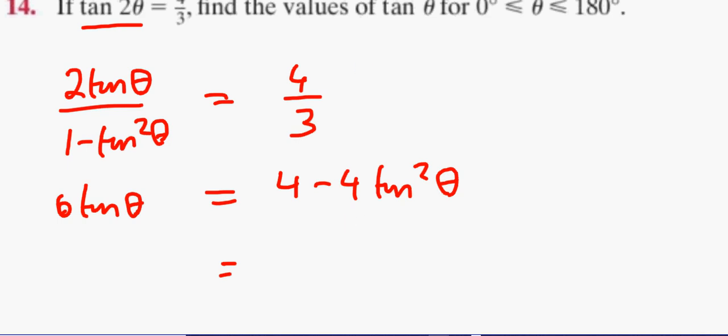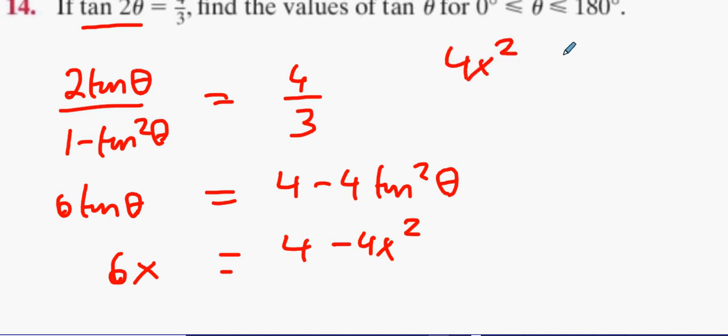Yeah, you can change the tan theta to x if you want. That's a good way of doing it. So Adam's using a placeholder, he's just saying this is the same thing as x. Okay? Move 4x squared to one side. Solve that. We could divide both sides by 2, could we?